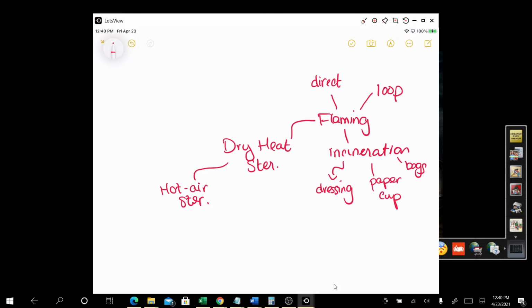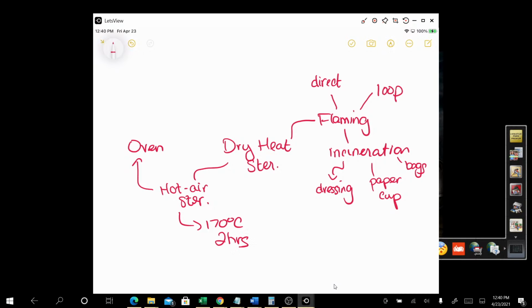So our next one is hot air. With hot air, the instrument used is an oven. And the temperature needed to sterilize is 170 degrees Celsius for the length of time of 2 hours.